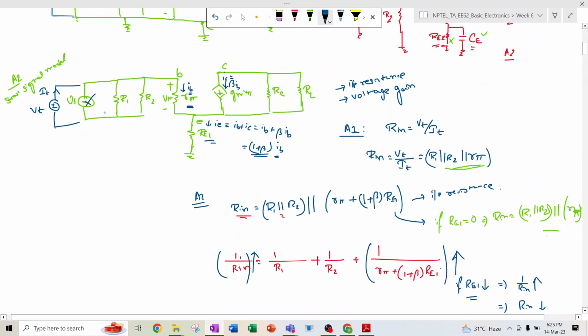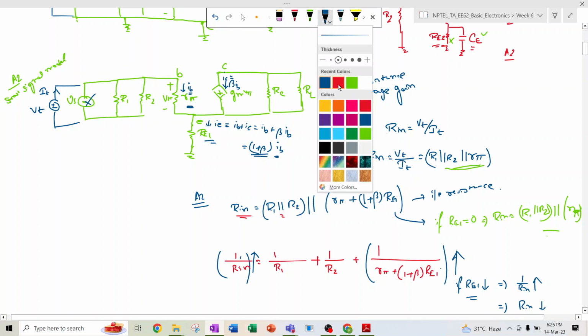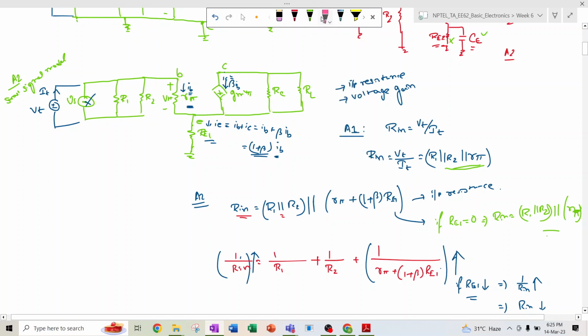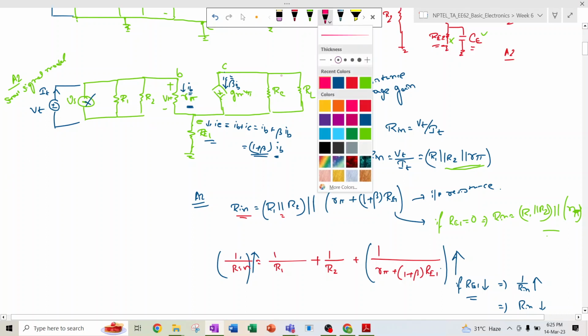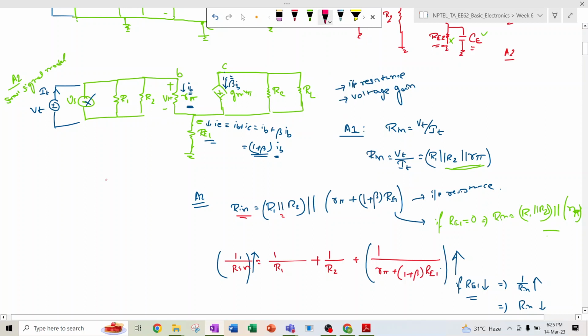So what is the small signal gain of this amplifier?